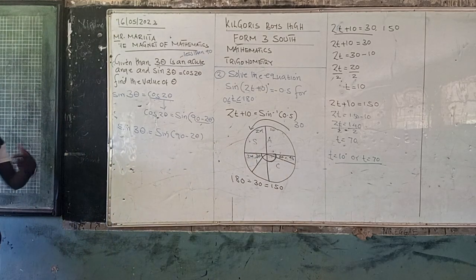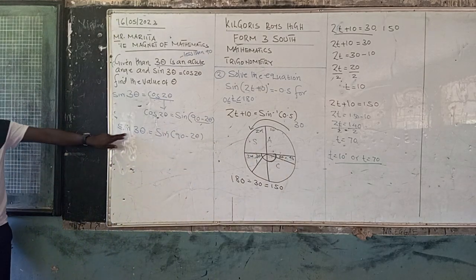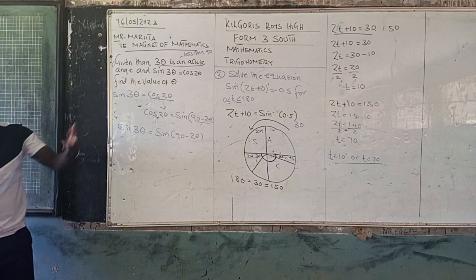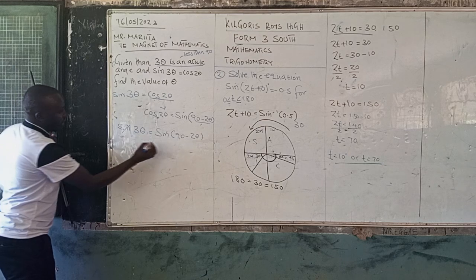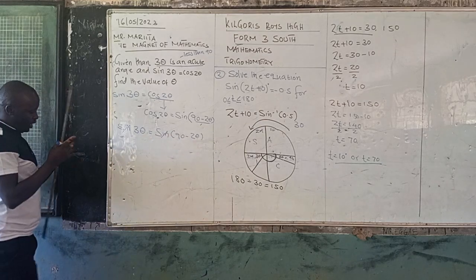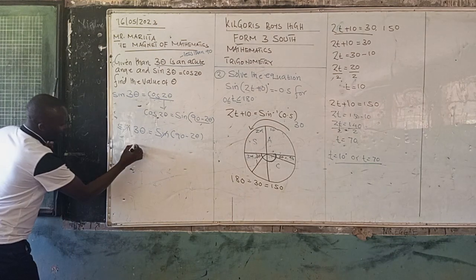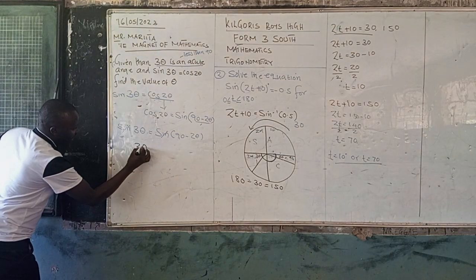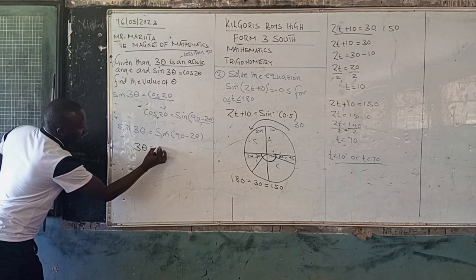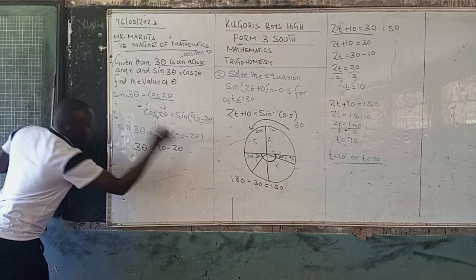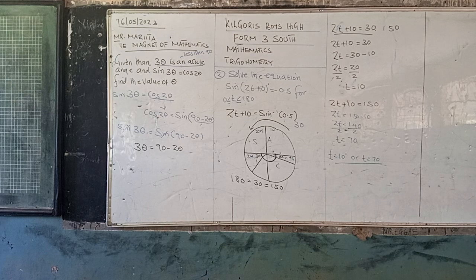Now what will you do again? We have sine 3 theta, and here we have sine of the other angle. You do away with the sines. You remain with 3 theta equals 90 minus 2 theta. You collect the like terms together.